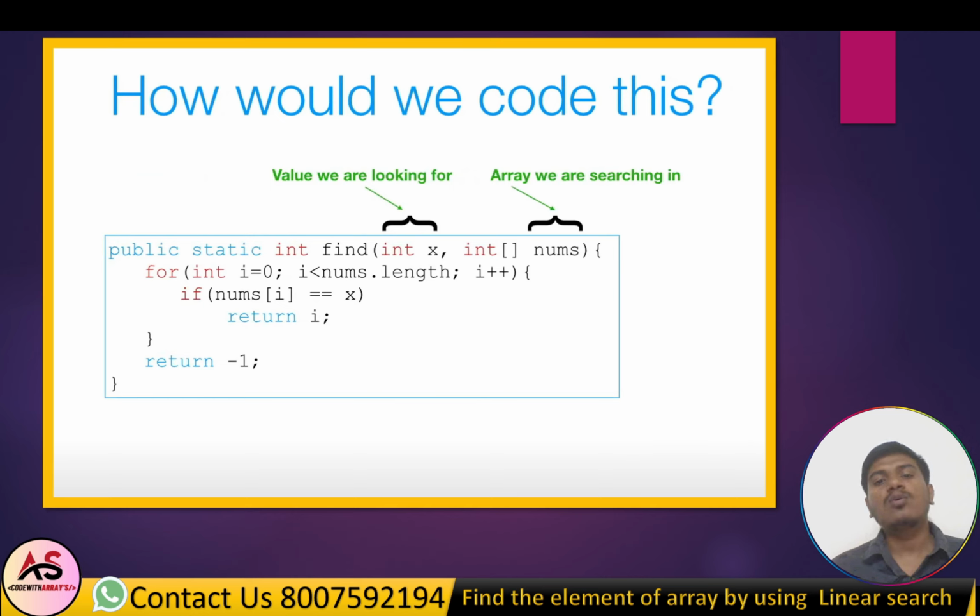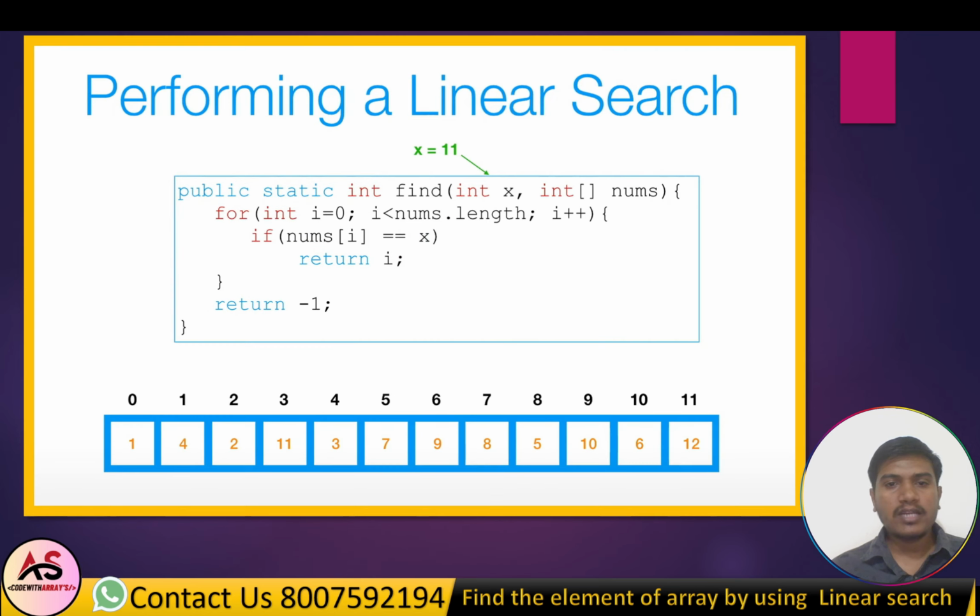So how can we do this in code? We write one function, find, and in that we take one for loop. In the for loop we give one condition: if nums of i equals our target, we simply return the index. And if we do not find the value, then we return -1.